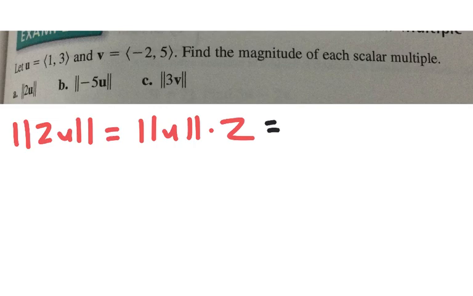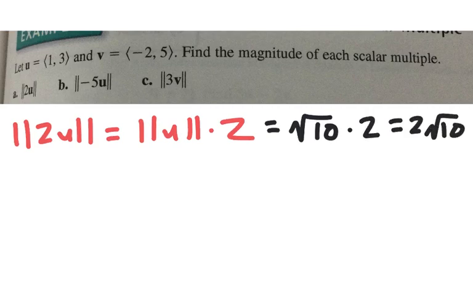In this problem, the magnitude of u would be 1 squared plus 3 squared, that's 10, and then take the square root of 10. So the magnitude of u is radical 10, times 2, which I can write as 2 radical 10. I did that all in my head. Are y'all good with how I found magnitude? No? Magnitude is the distance formula. So what's the distance?